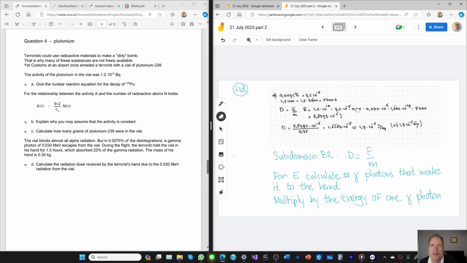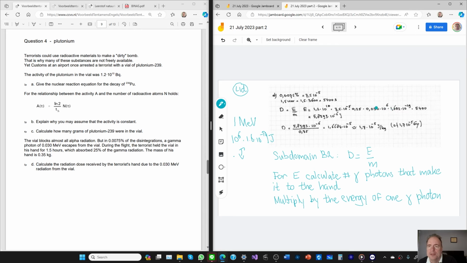And also, only 25% will be absorbed by the hand. And this is the energy per photon. And remember, 1 MeV is 10 to the power 6 times 1.6 times 10 to the power minus 19 joule. This you need to know.